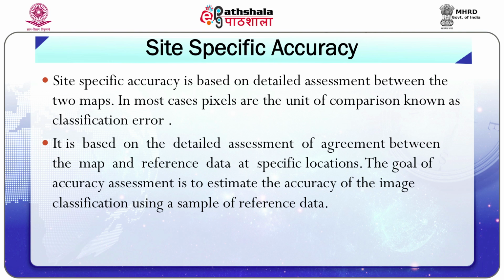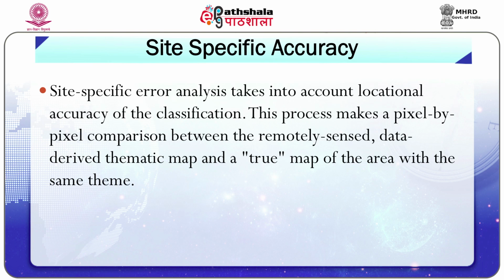The goal of accuracy assessment is to estimate the accuracy of image classification using a sample of reference data. Site-specific accuracy is based on detailed assessment between the two maps. In most cases, pixels are the unit of comparison for classification error, that is, the misidentification of pixels. There may also be boundary error.